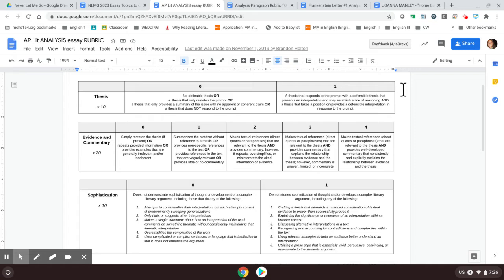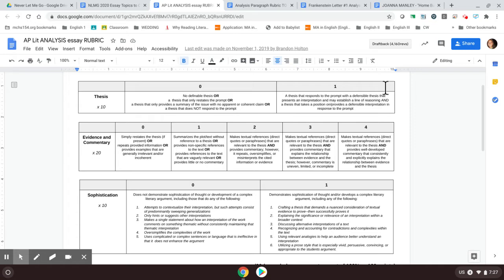What this helps us do as we try to become better writers and prepare, not only for the AP test, but for writing at hopefully the collegiate level, is it lets us understand what's most important about writing. So the first thing you should notice is that the thesis is something that you either get a point for or you don't. Pretty much if you have a successful thesis, you're going to earn at least a 1 on your AP essay.